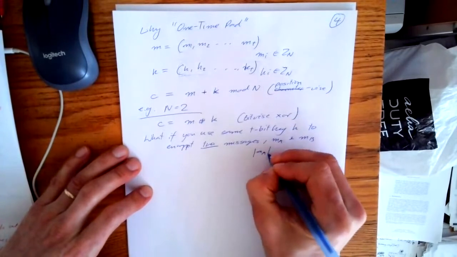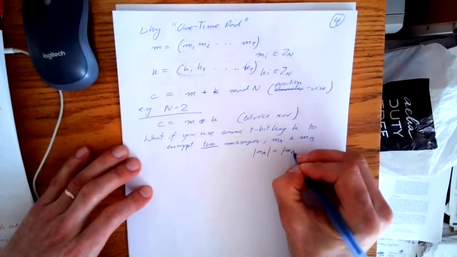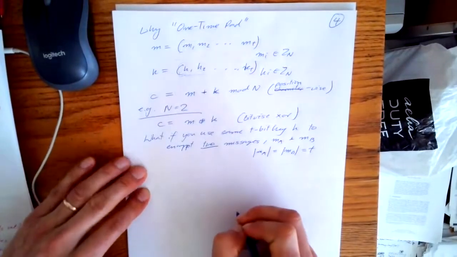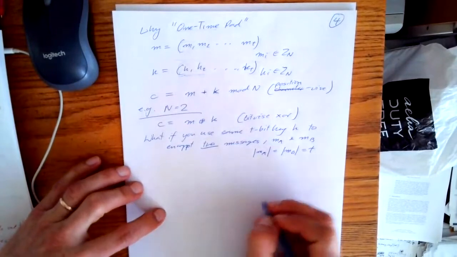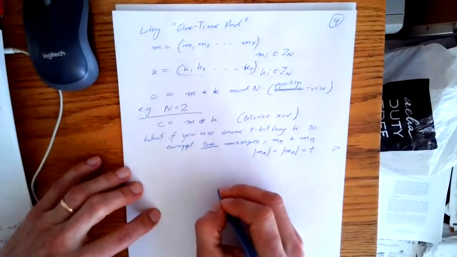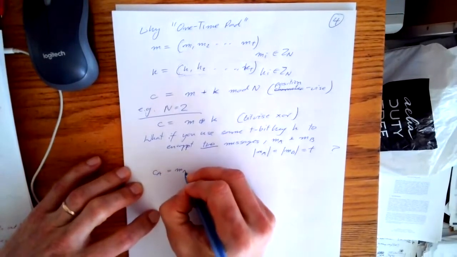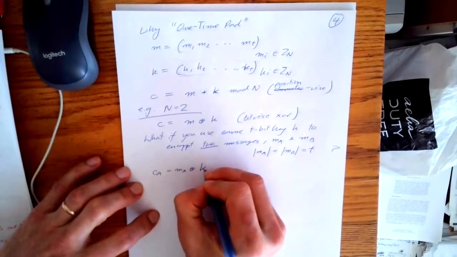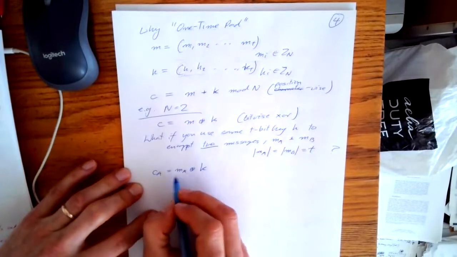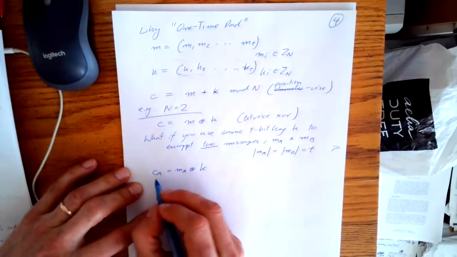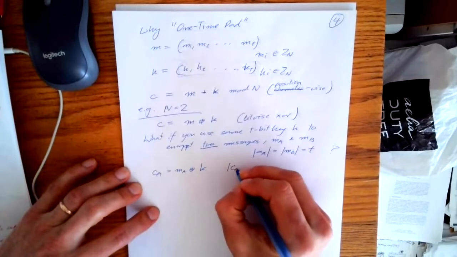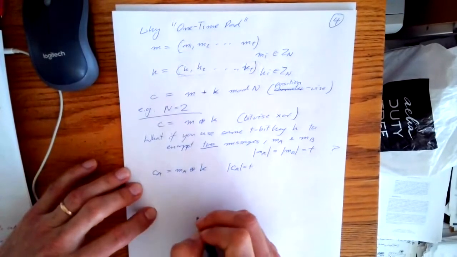Both of them are in the proper space, so they're both T-bit messages. So what happens then? That's simple to see. If I use this key to encrypt MA, I get some ciphertext CA, a T-bit long string.